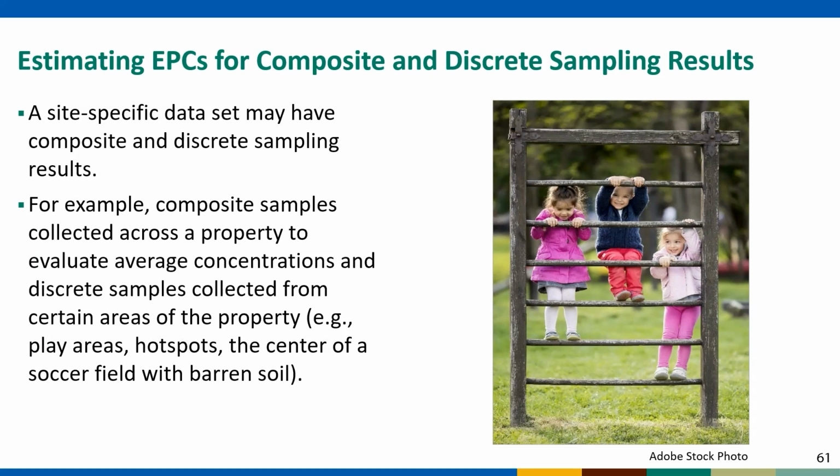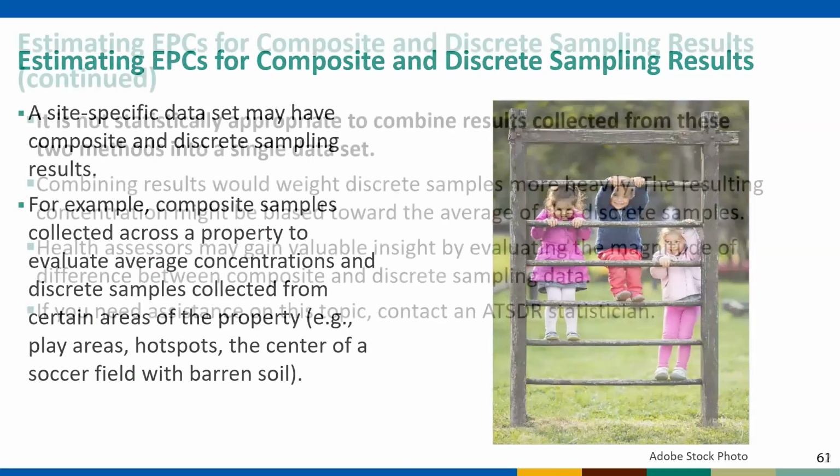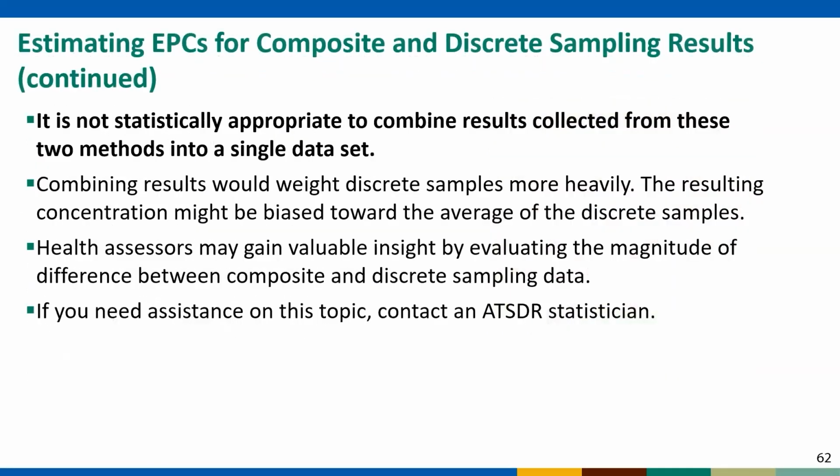For example, composite samples may be collected across a large residential property to evaluate average concentrations, and discrete samples may be collected from certain areas that the property owner believes are unique relative to the remainder of the property, such as play areas, hotspots, or the center of a soccer field with barren soil. Be aware that composite and discrete sampling results are not interchangeable. You can't combine non-discrete and discrete samples into a single data set and calculate an EPC.